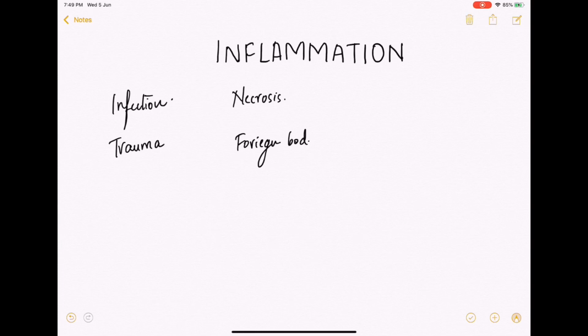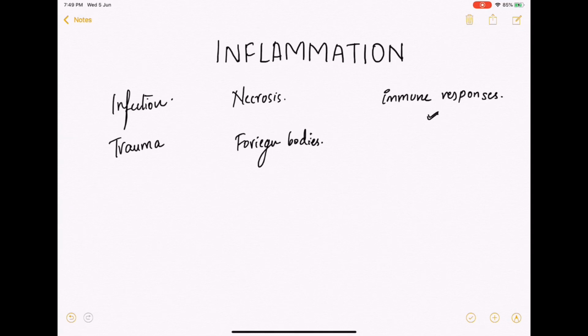Such as sutures, splinters, probably even dirt particles. And also, we have a few immune responses like hypersensitivity reactions or autoimmunity reactions, where inflammation in these kind of situations is more troublesome than helpful.